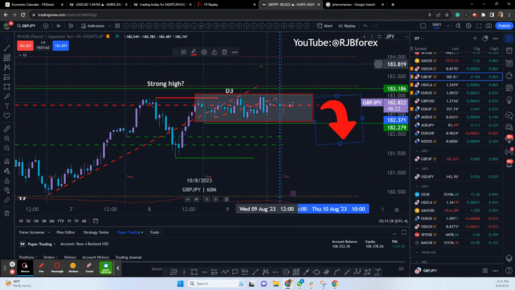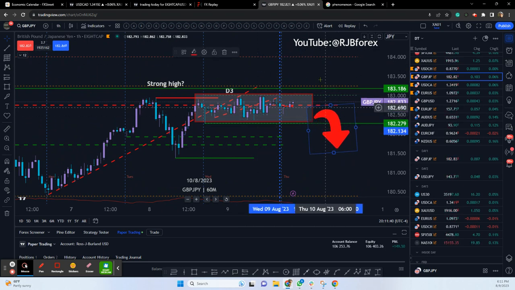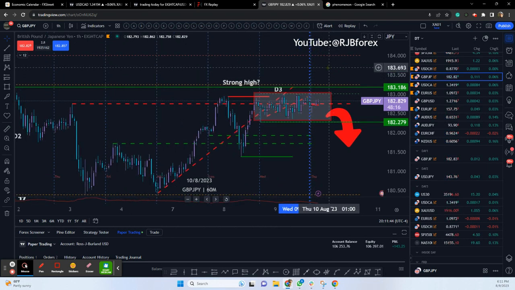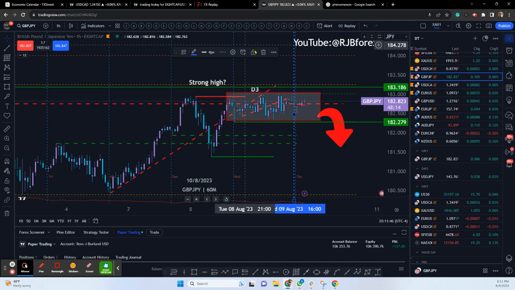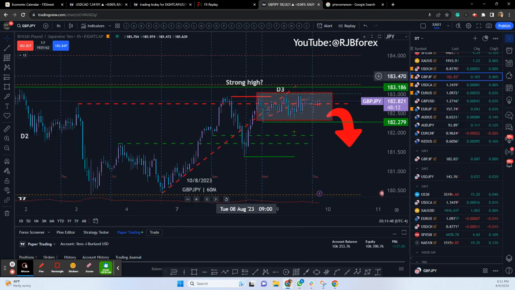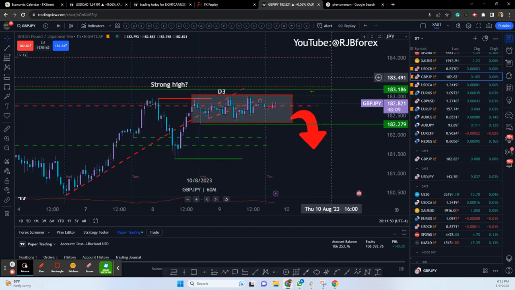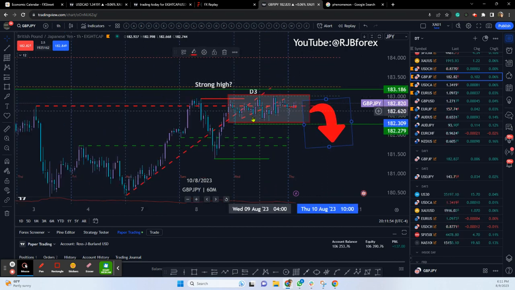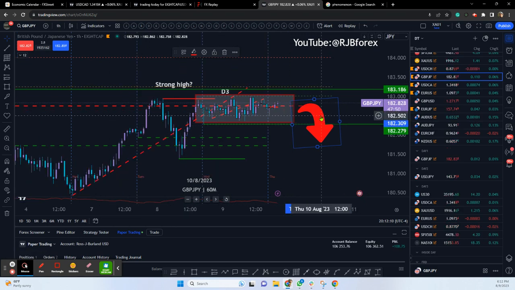Interesting. For something that I'm biased on this, biased short, I'd have to say. But the day count is pointing for a day 2 continuation. Maybe we'll have a day 2 correction. Or perhaps we'll just be sideways.